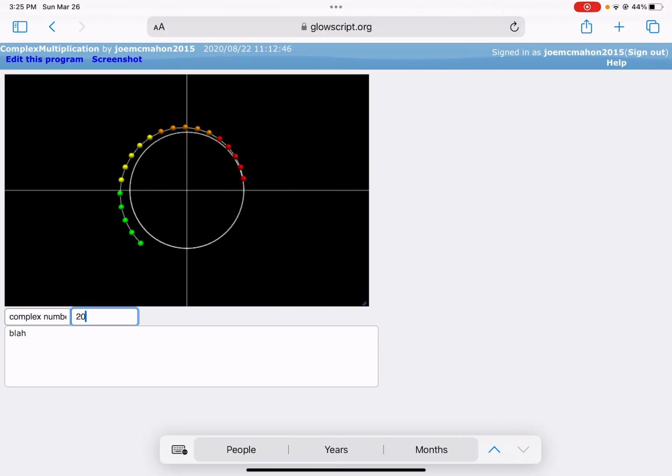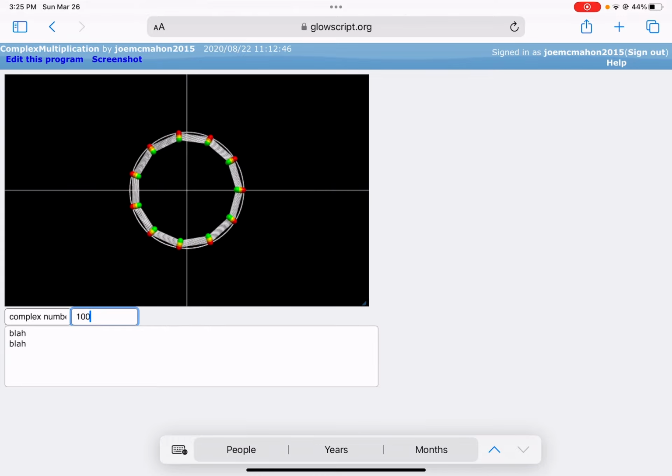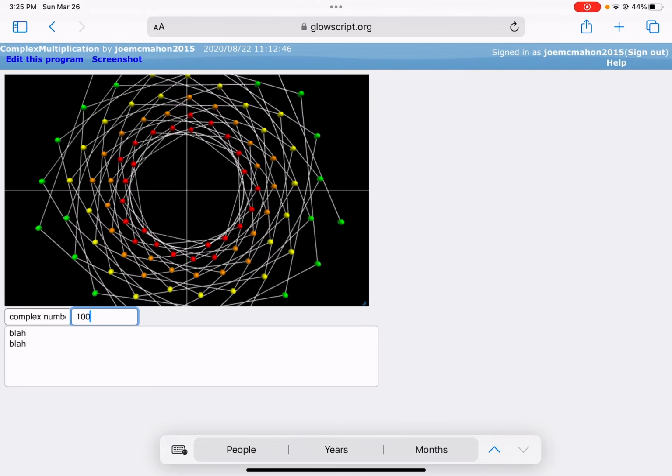You can raise it to as high of a power as you want. You could even do 100, and that will give you 100 little balls like this. And remember, each ball is a complex number. Complex numbers are some of the most beautiful stuff that exists in math. Think about what this simulation is doing.